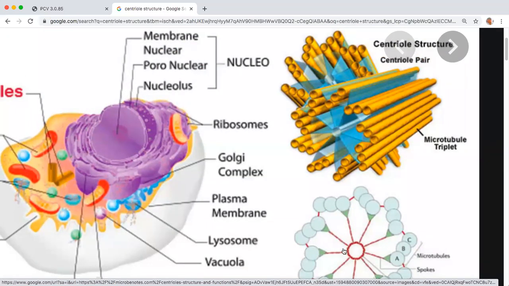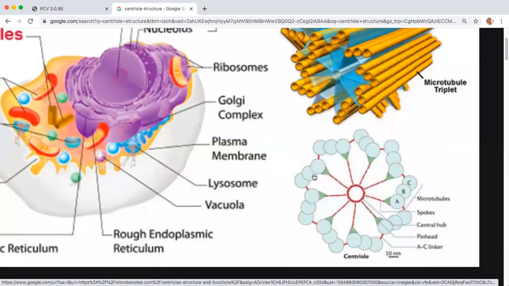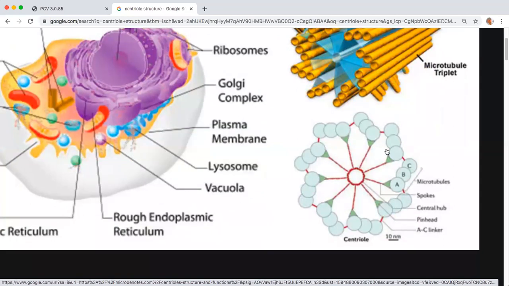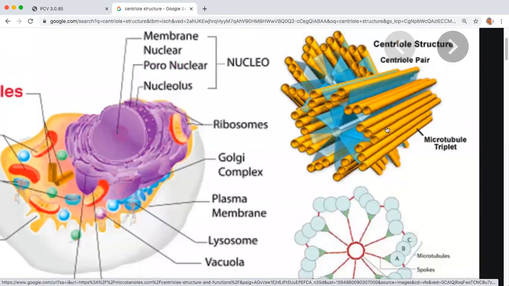This is just a cross-sectional figure that you are taking. If you see only the side, it will look like this. The central microtubules are absent. That is why we call it a 9+0 arrangement.